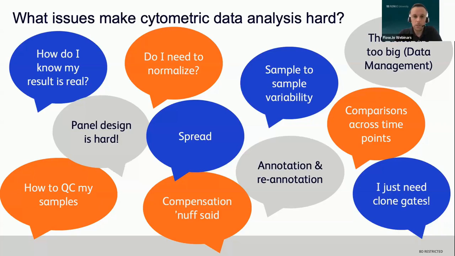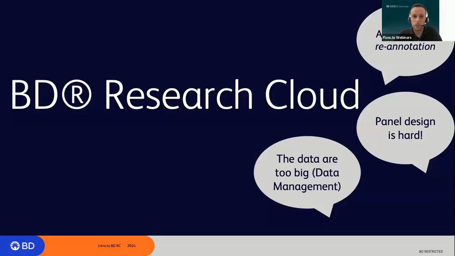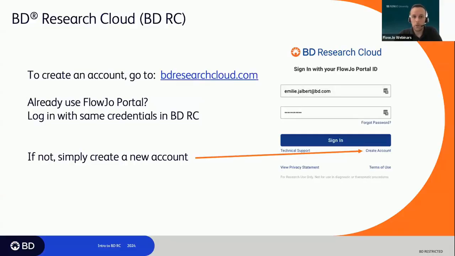Etc. All those issues can now be solved with our new tool, which is called the BD Research Cloud. If you already have a FlowJo account, you just need to go on our BD Research Cloud website, and you can log in with your FlowJo account, and it will open the BD Research Cloud automatically.